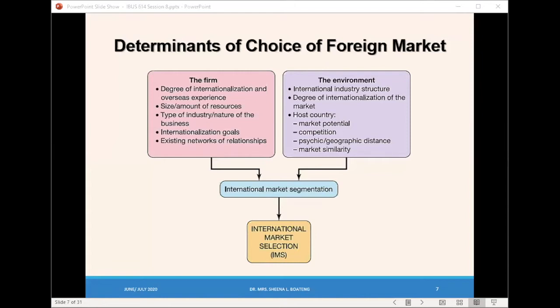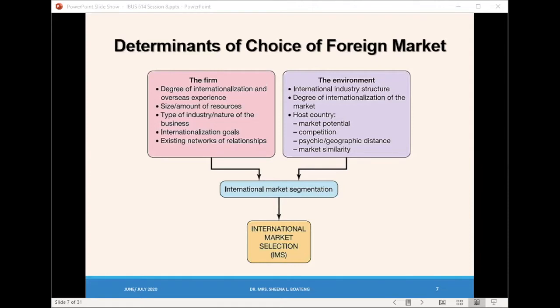A second very important resource that they also need to consider is the size and amount of resources that they have. If you are a firm and you know what your strengths are in terms of resource endowment, you let that guide every single decision that you make, because you cannot afford to take on any duties and responsibilities that would overstretch your resources, or that your resources are not adequate enough to help you take advantage of.